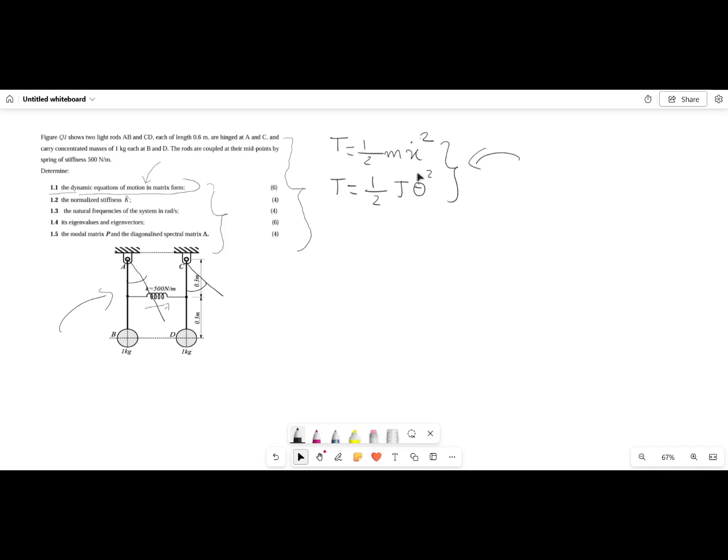The formula says d/dt of partial T over partial q_i dot, minus partial T over partial q_i, plus partial U over partial q_i, plus partial R over partial q_i dot. If you have not watched the video on YouTube, please watch it. It should help you understand this further.